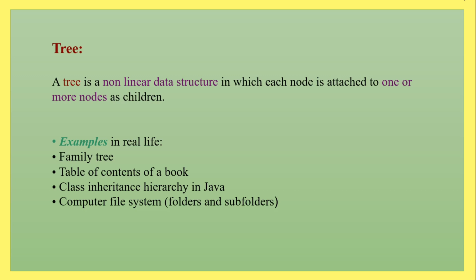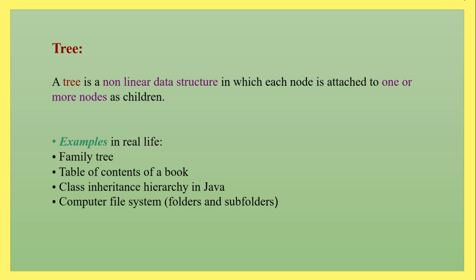This representation is an example for tree. Similarly, class inheritance. In Java, we represent the inheritance concept like single inheritance, multiple, multi-level, all these in different levels. That representation is also an example for tree.